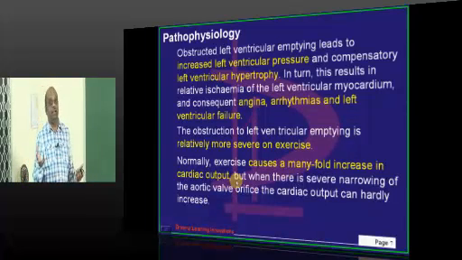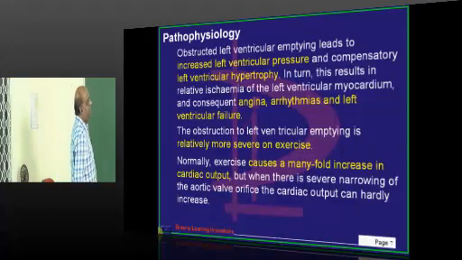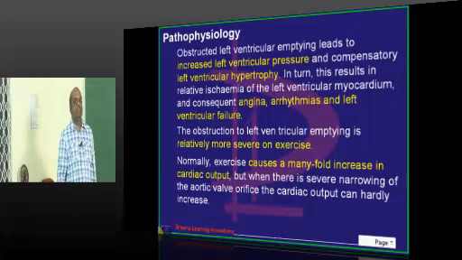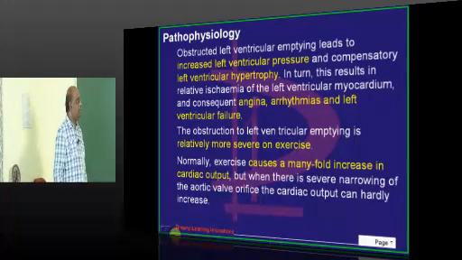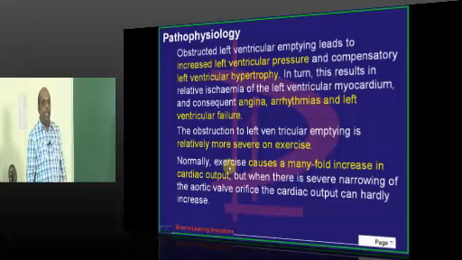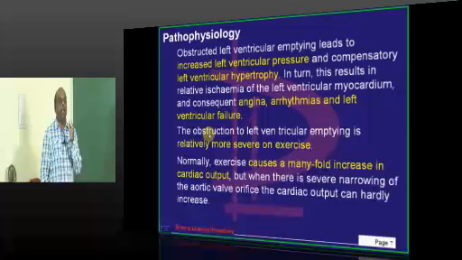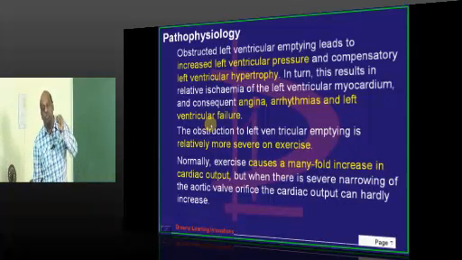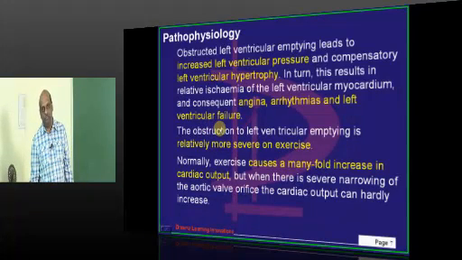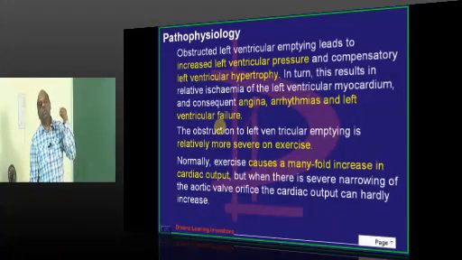Hence, angina will develop. Then it can lead to arrhythmias, left ventricular failure, and because of that obstruction, the ventricle has difficulty to empty into the root of the aorta. That means cardiac output gets affected.